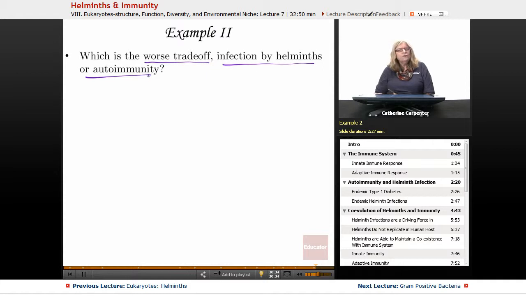Well, I tell you, if you are living in an environment that has high endemic levels of these infectious diseases, would it actually be adaptive to also have helminth infection? Now, one of the drawbacks we did discuss in the helminth lecture was that these helminths, when they live in children, can cause stunting, and they can certainly promote malnutrition, especially in an environment like some of these developing countries where food is scarce.